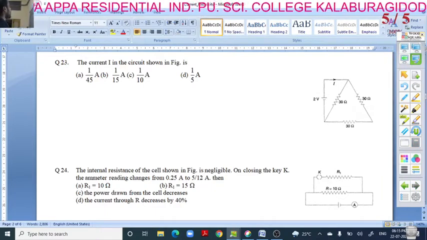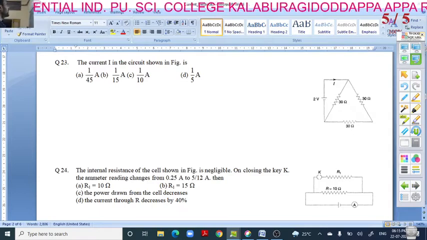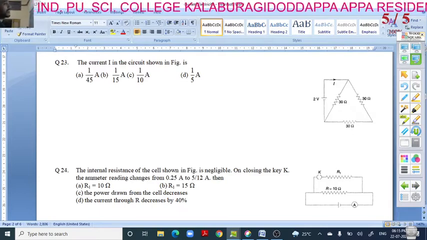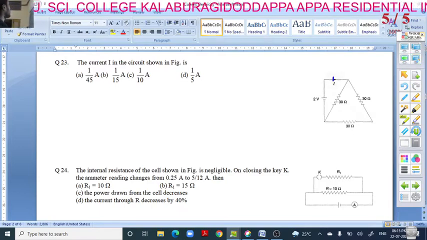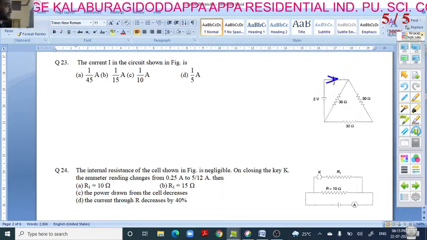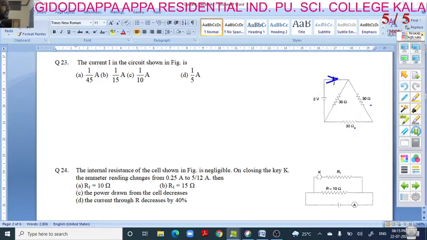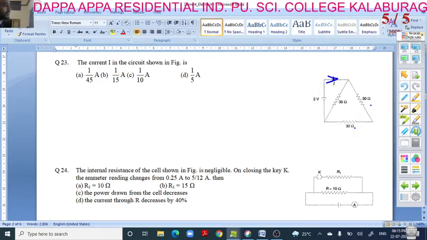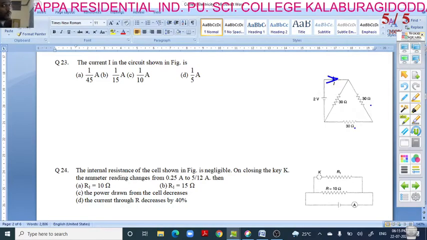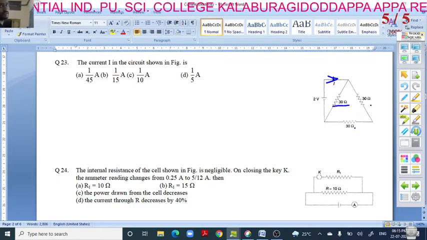The current I in the circuit shown in the figure. So some options he has given. Current I here he has mentioned, and here 30 ohm and 30 ohm are in series. So that becomes 60 ohm. That 60 ohm resistance will be parallel with this 30 ohm.